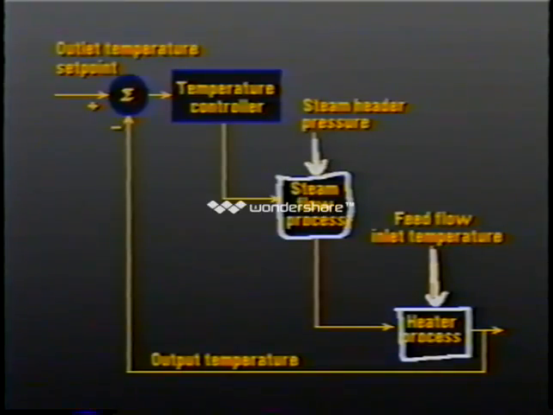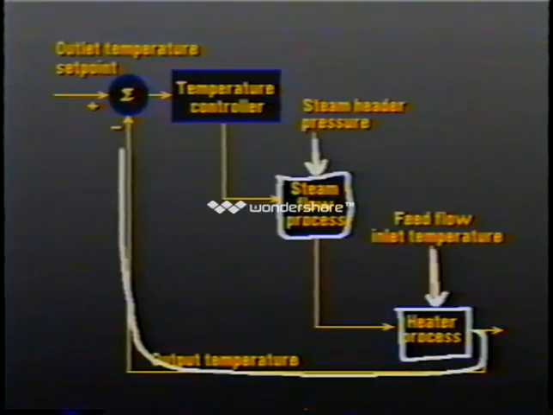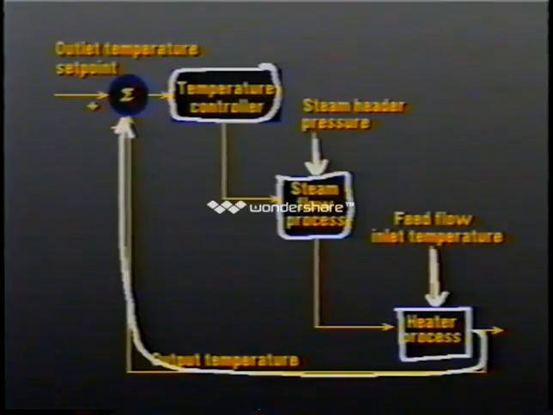The rate of the feed flow, remember, is considered to be constant and therefore is not considered to be a process load. This system has only a single loop feedback control, which monitors the output temperature and transmits it to the temperature controller. This in turn opens or closes the steam valve according to the controller requirements.